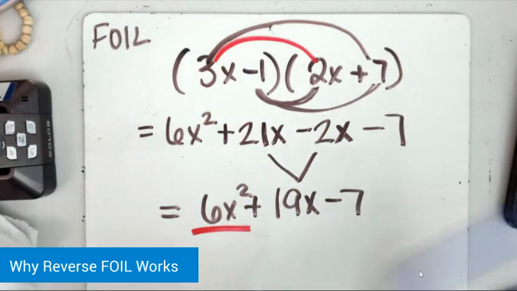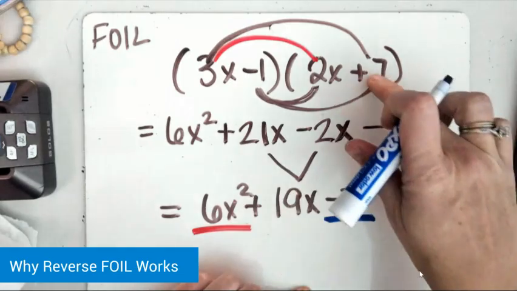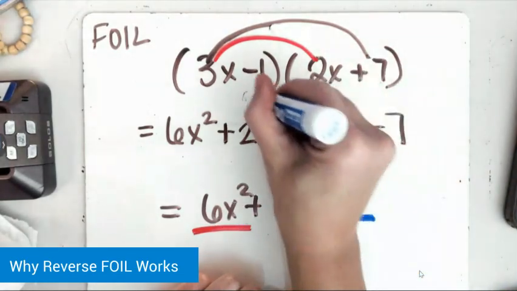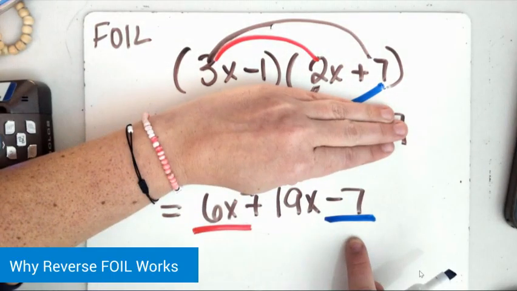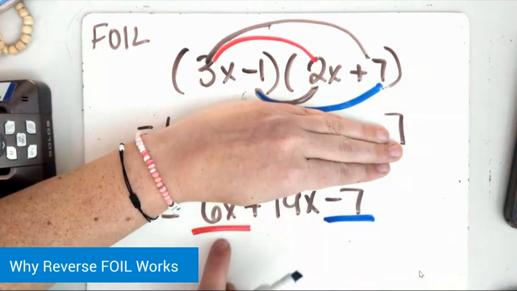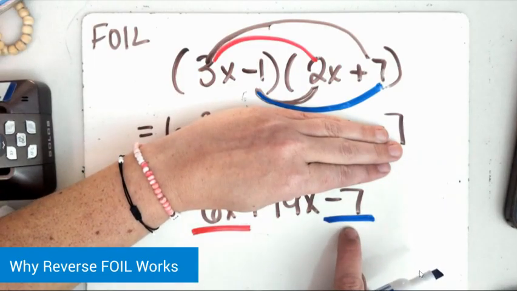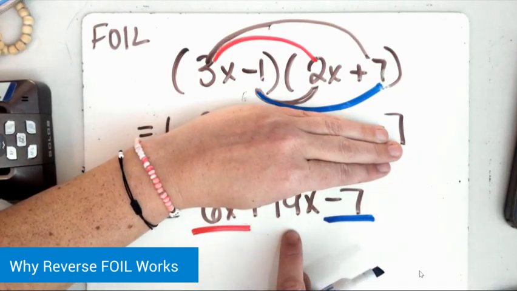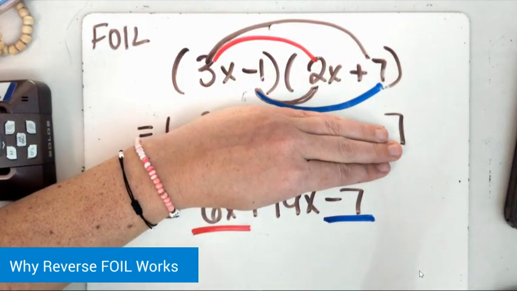Where did the negative 7 come from? Last times last. So you can just look at this and know what this is, right? Without the middle one. Would you agree? You'd be like, oh, I know the first term is going to be a 6x squared, and I know the last term is going to be a negative 7. It's the middle one that's not on here. You would have to actually mentally do something.